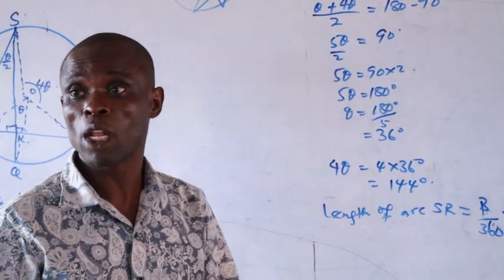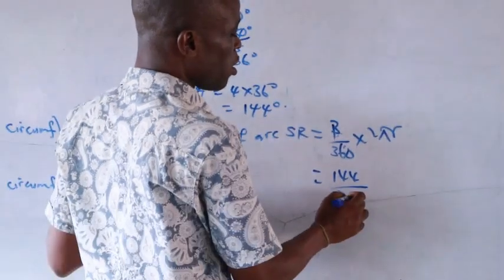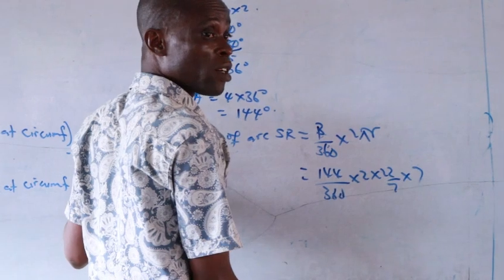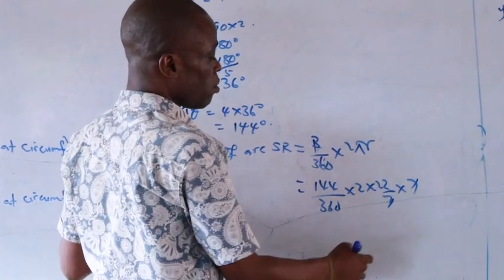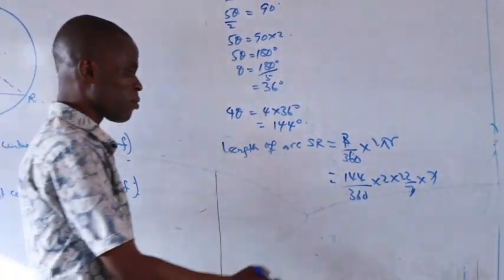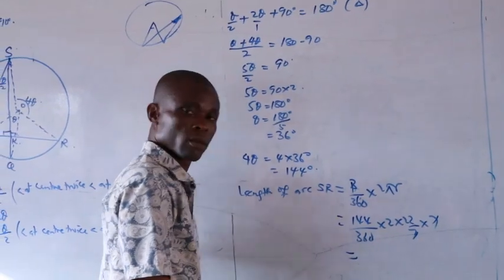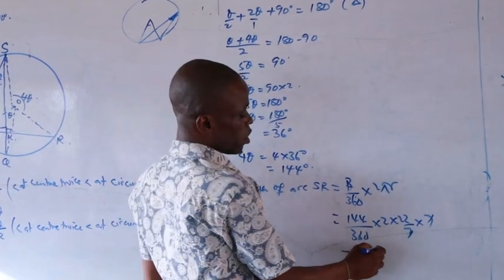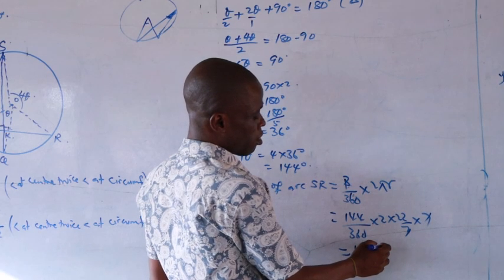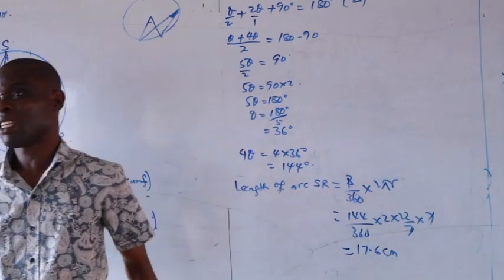So this is 144 over 360 times 2 times 22 over 7 times 7, and the radius is 7, right? 7 cancels 7. 144 times 44 all over 360. What do we have? 17.6 centimeters. Is that the answer? Yes, sir.